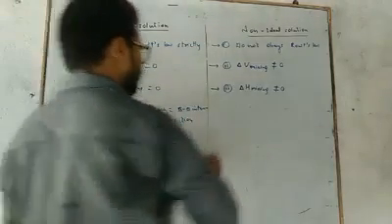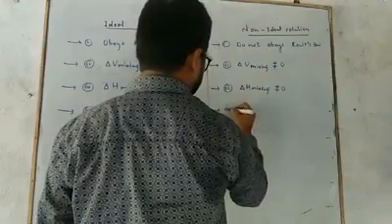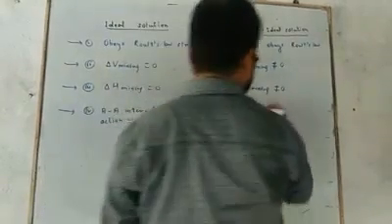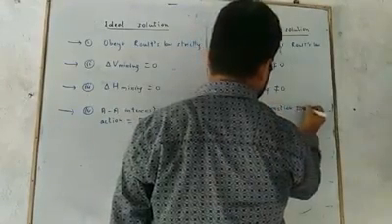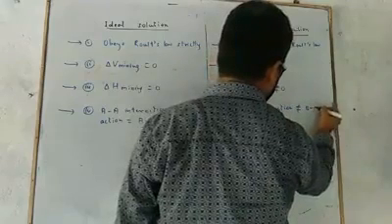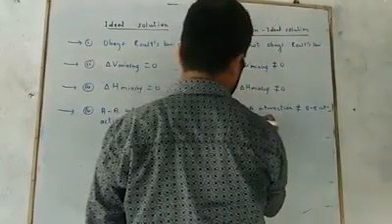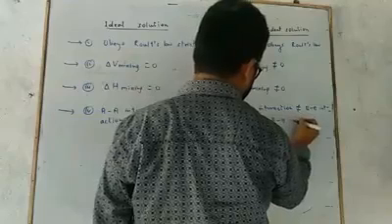For non-ideal, AA interaction is not equal to BB interaction, which is not equal to AB interaction.